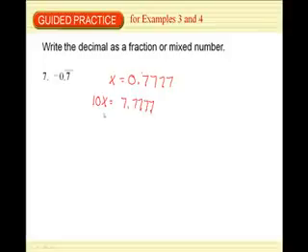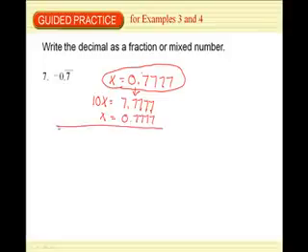We're going to subtract this one from this one. Those are going to cancel. And I'm going to get 7 equals 9x. So 10x minus x, divide by 9. x equals 7/9. Negative 7/9, because it was negative.